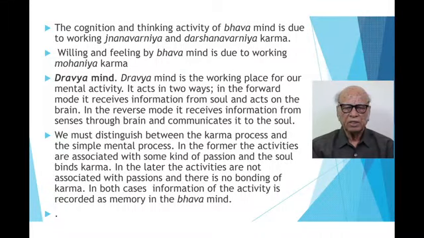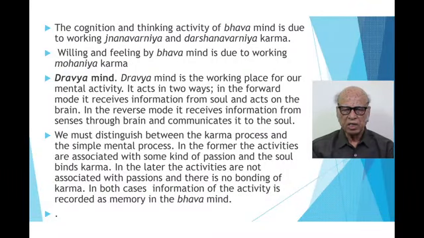The cognition and thinking activity of the Bhava mind is due to the working of Jnanavarani and Darshanavarani karma. The cognition is made by the Bhava mind, the thinking is done by the Bhava mind, and this is due to the working of Jnanavarani and Darshanavarani karma.